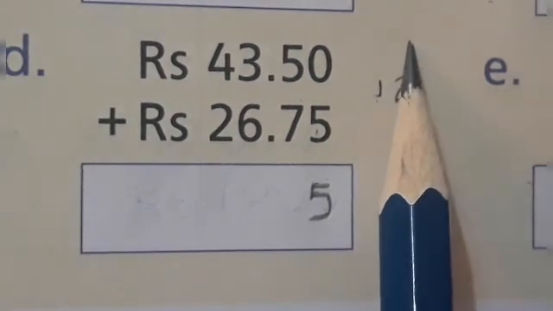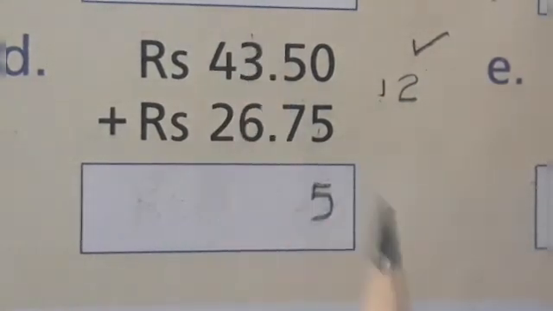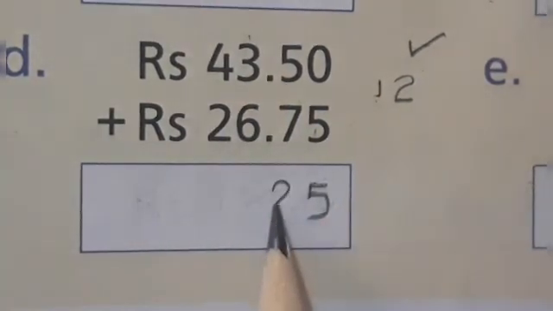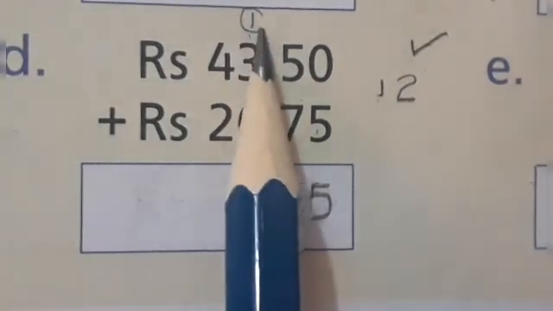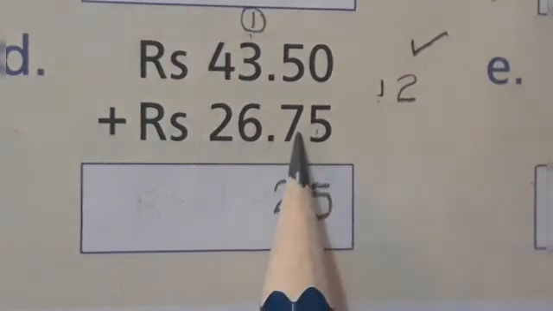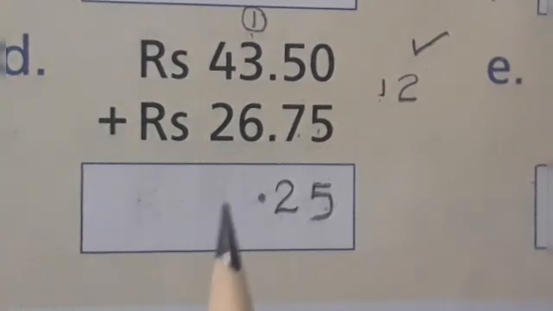So I will choose the right digit, which is 2, and the left digit will move on to the left number. So we will write 2 over here and 1 will move on to the next number. And after two digits, 1, 2, there is a point, so we will also put a point.